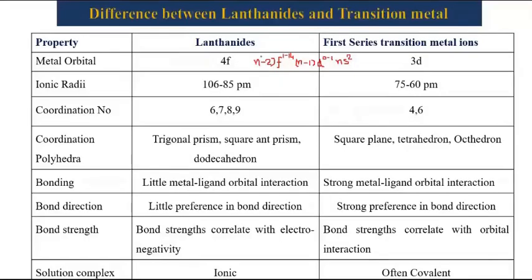This is the electronic configuration of the F block element: n minus 2 F 1 to 14, n minus 1 D 0 to 1, ns2.